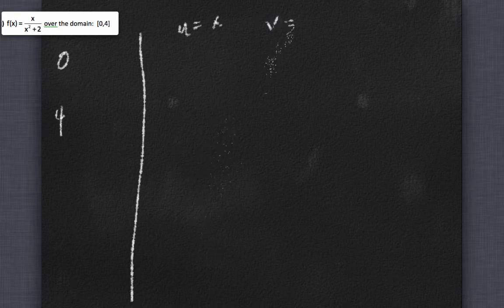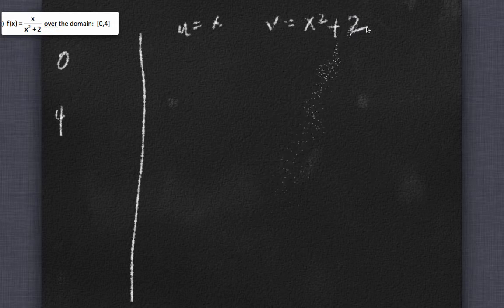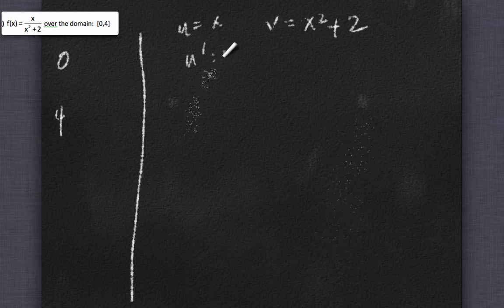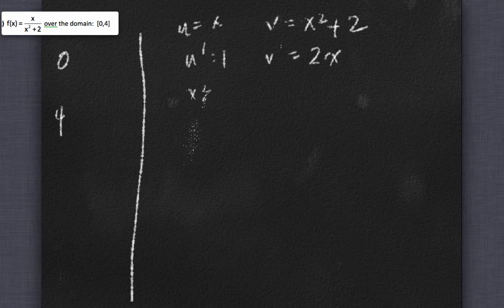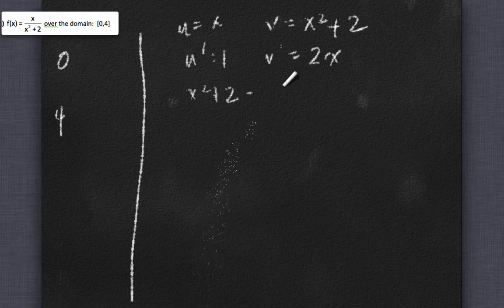Okay, so we've got for sure to check 0 and 4. And so we have u prime v minus v prime u.